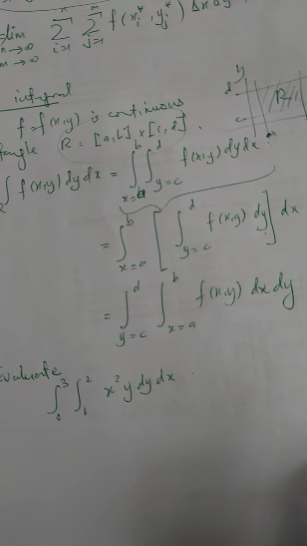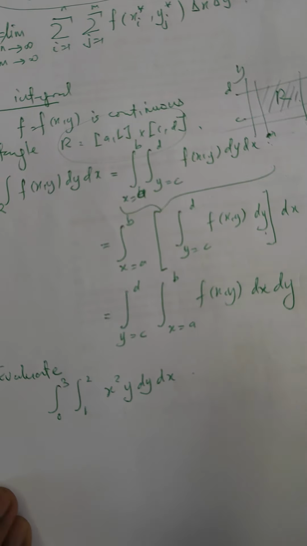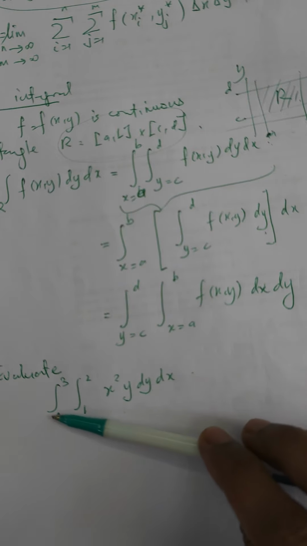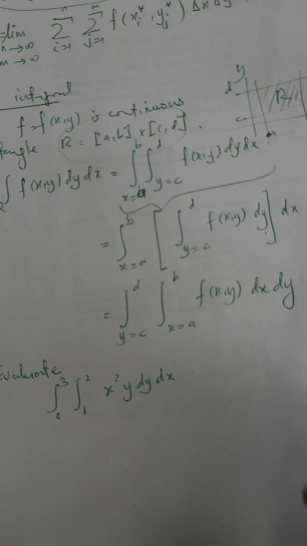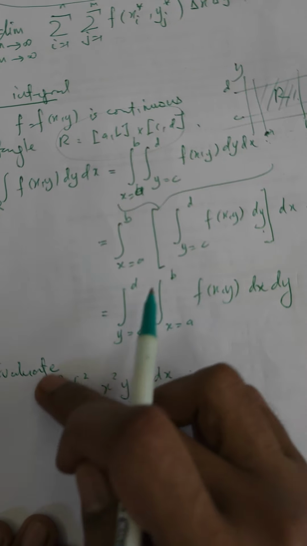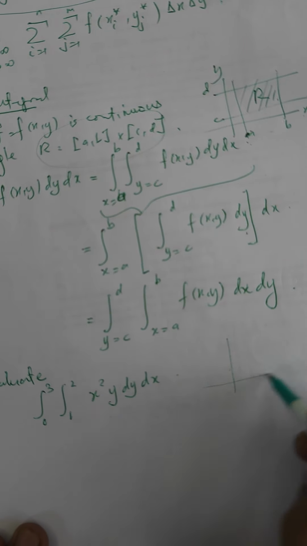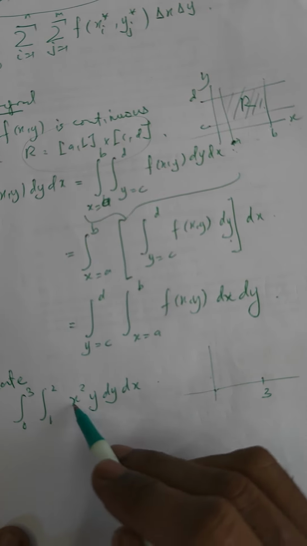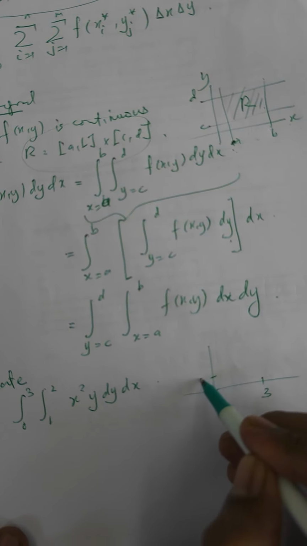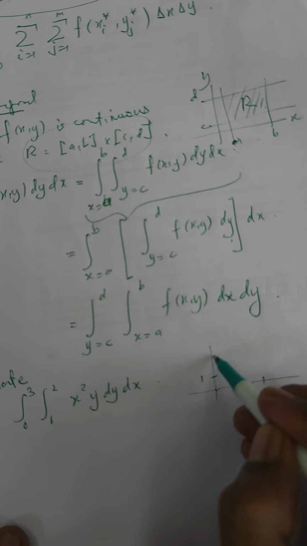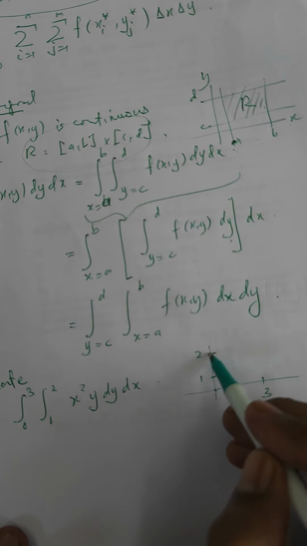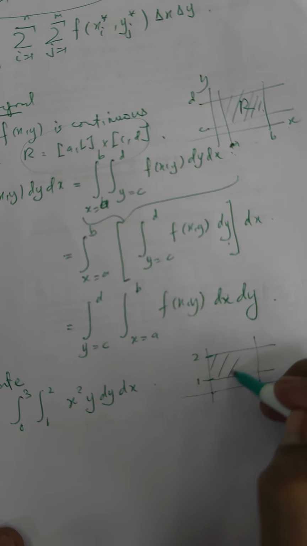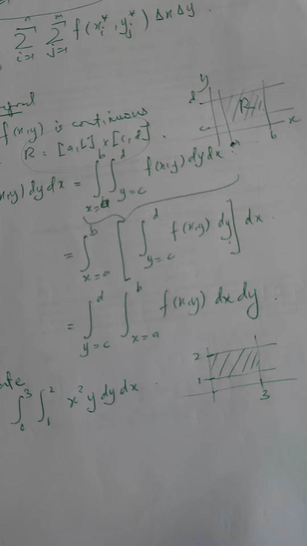By looking at this integral, as well as the limits of integration, x is from 0 to 3. So if you sketch the region R here, x from 0 to 3, and y from 1 to 2, this is our region.